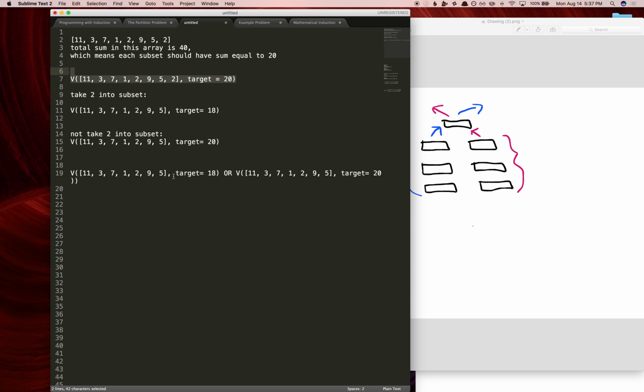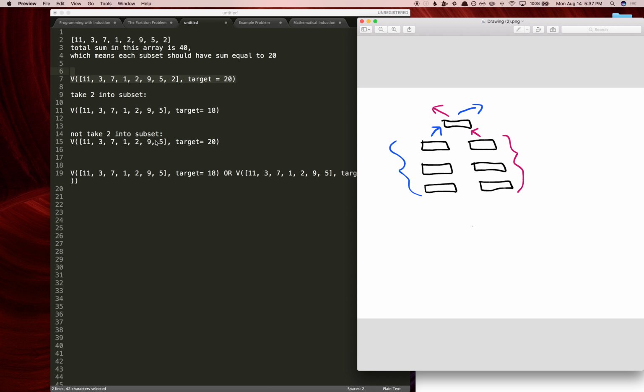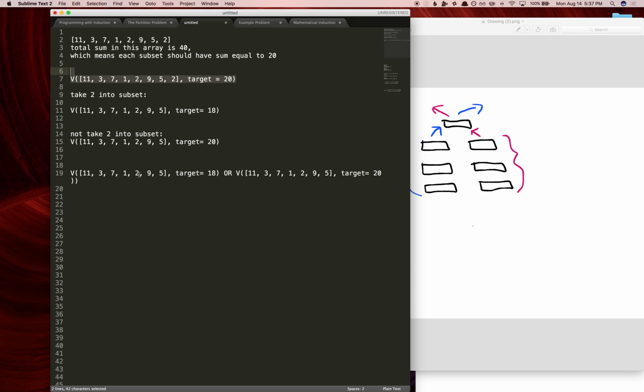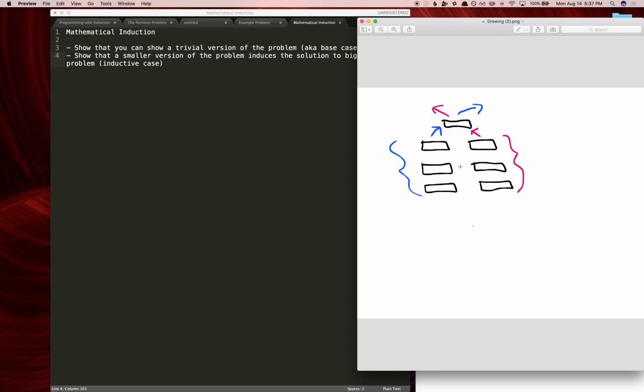And if one of them is true, that means that one set, like taking the 2, so if this part with target value 18 is true, this means that taking the 2 actually made a difference, and it helped us solve our problem. So if we can get a good subset out of here and then add 2 to it, and it solves the problem, then that's great. So that's how mathematical induction is helping us get intuition on how to think about the problem.